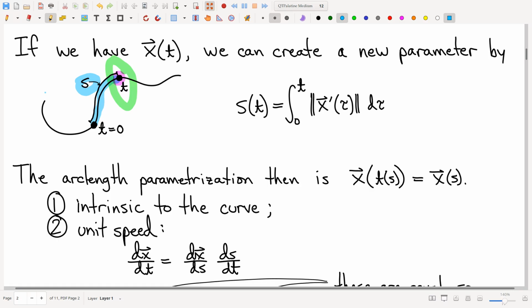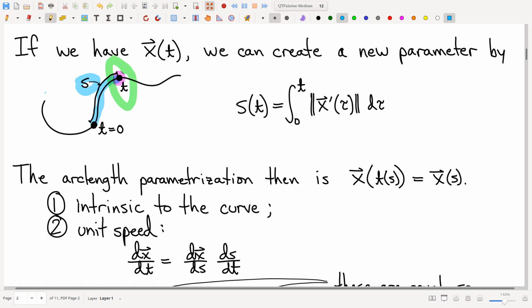Or you could write down your locations as you drive along the road, indexed by what your odometer says. Every time you click over another mile, you write down your location. So that's the difference between these two different kinds of parameterizations. Position is a function of time, and position is a function of distance.